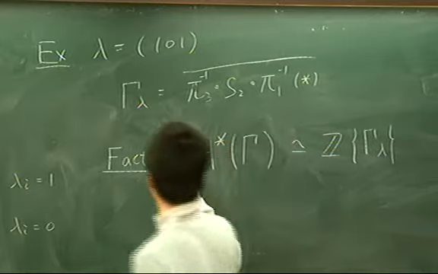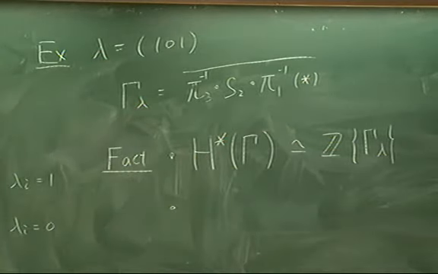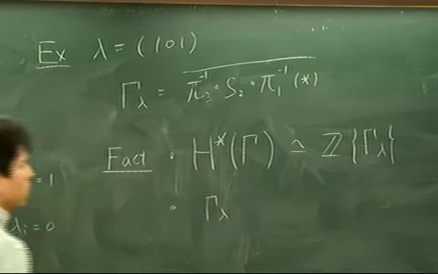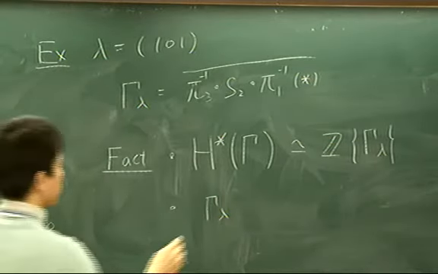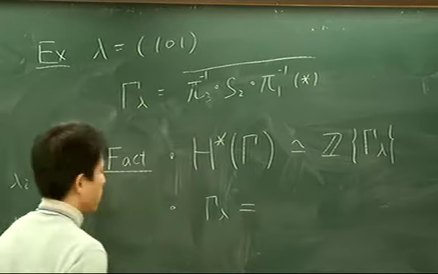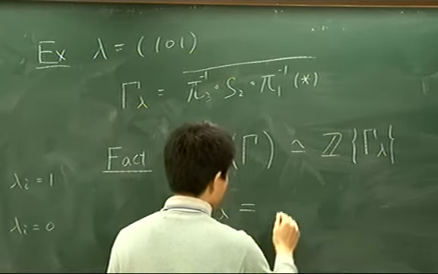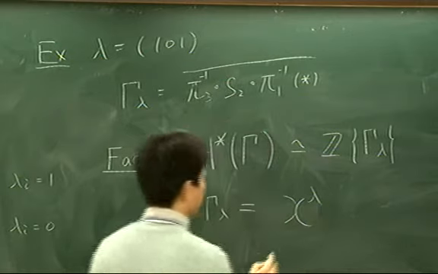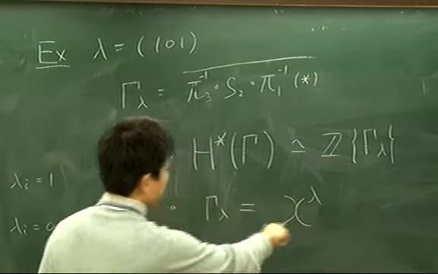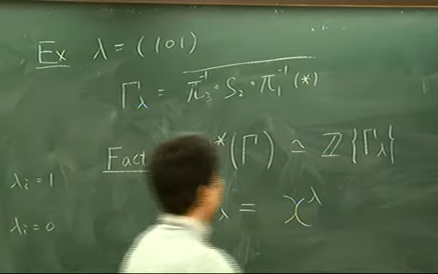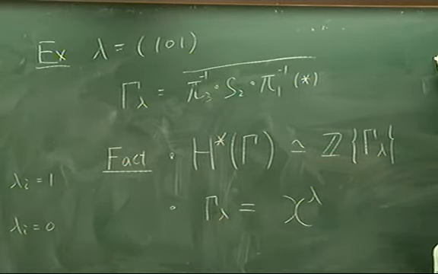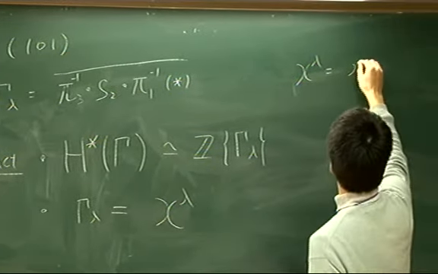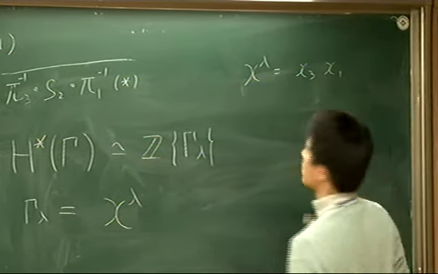And also we know the cohomology class of this one is identified with x lambda. x lambda means, for example, x lambda is x3, x1.